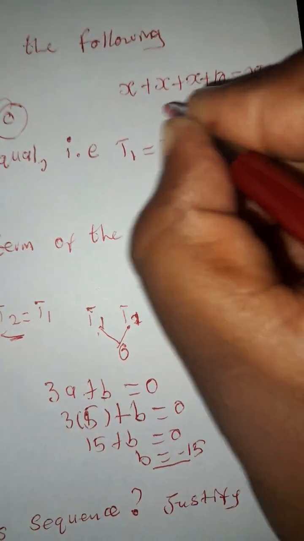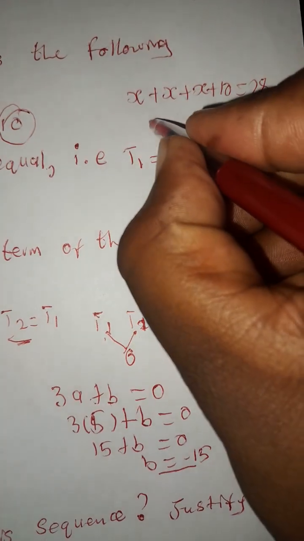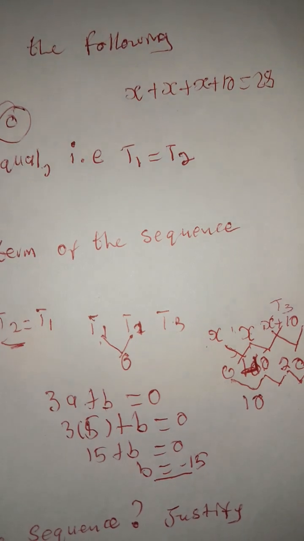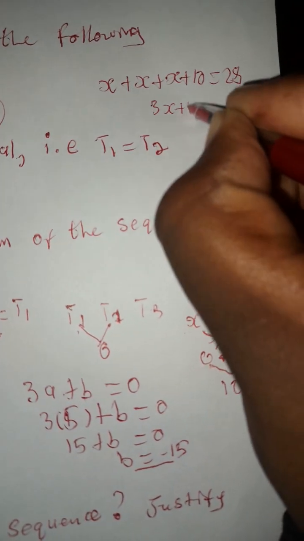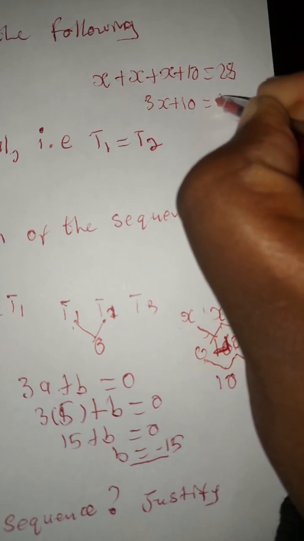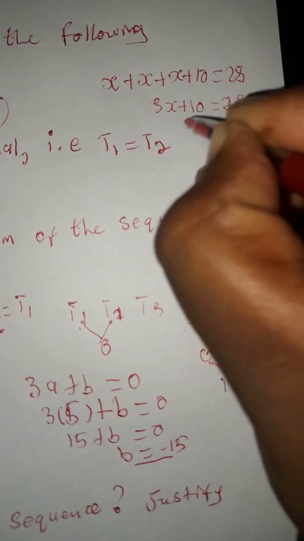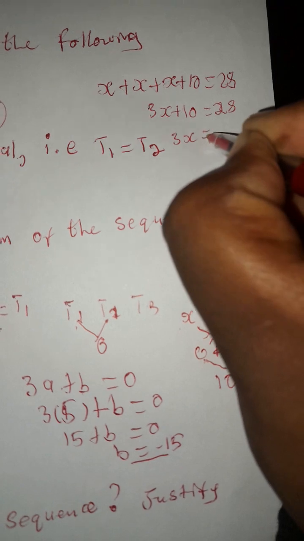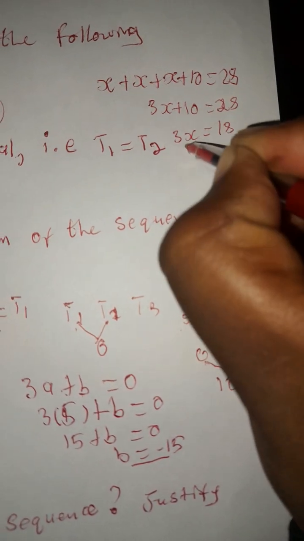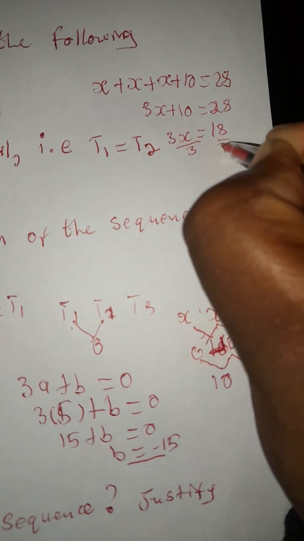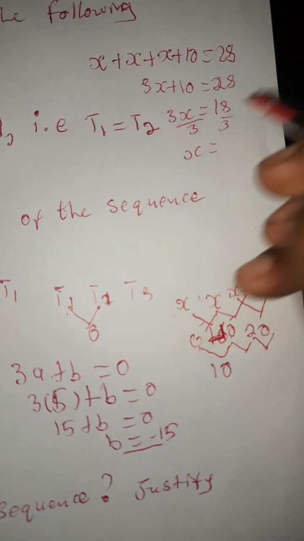So x plus x plus x is 3x, plus 10 equated to 28. Then you need to make 3x the subject. Take 10 to the other side: 28 minus 10 is 18. Let's divide both sides by 3. How many times does 3 go into 18?